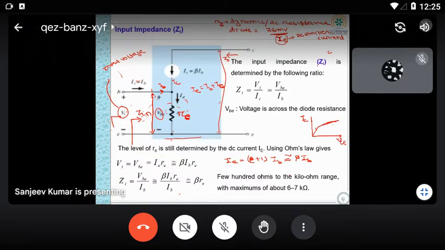Now if I take the output resistance from this curve, it is change in voltage by change in current. You can see it is a constant, so the change in current will be 0 while the change in voltage is there. So the resistance will be change in VC divided by change in IC.